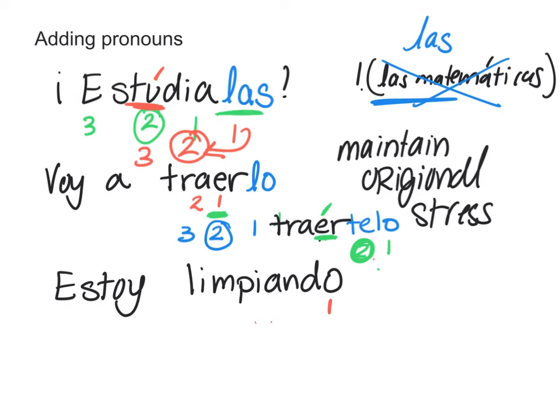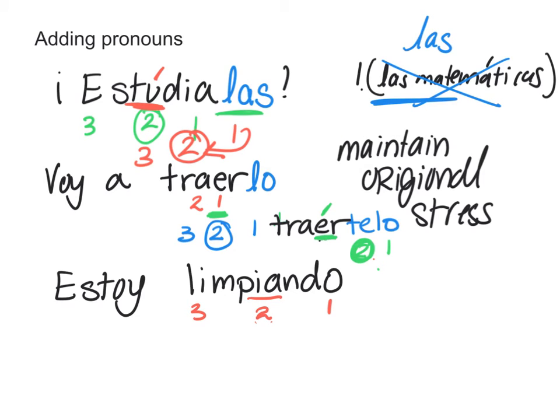So in order to figure out which one of those is correct, let's sound it out and see which one sounds the best. So is it limpiando, one sound, or limpiando? I like it all one sound. So I want to keep these together, and this is my second to last syllable, and here's my third.